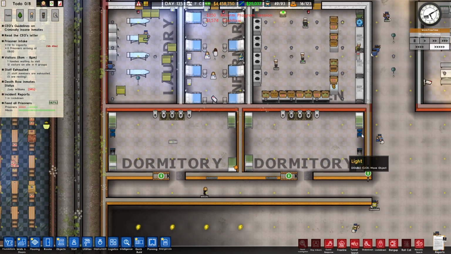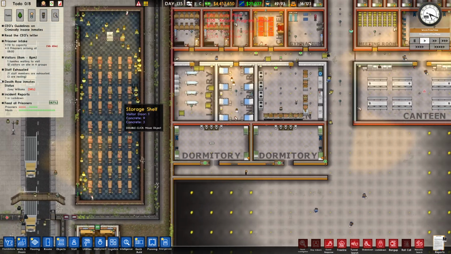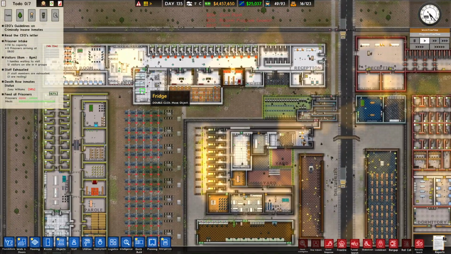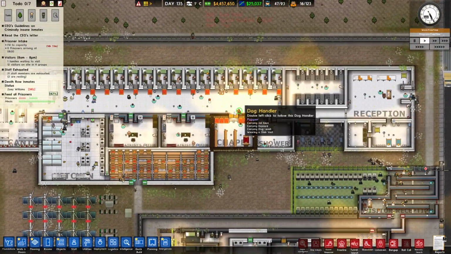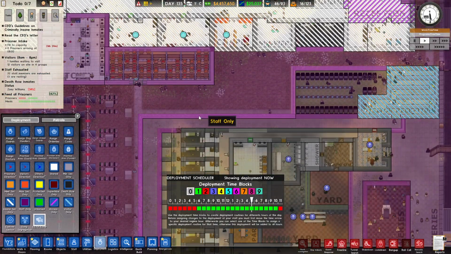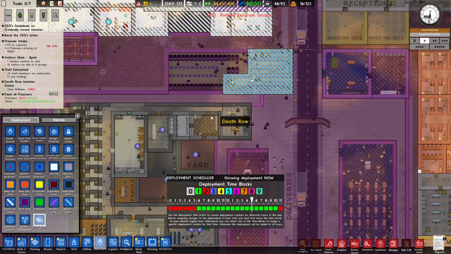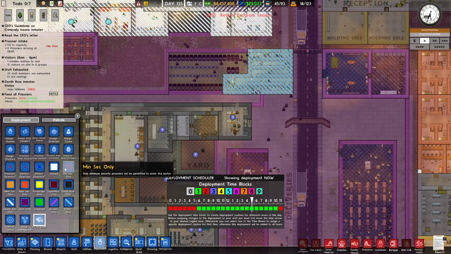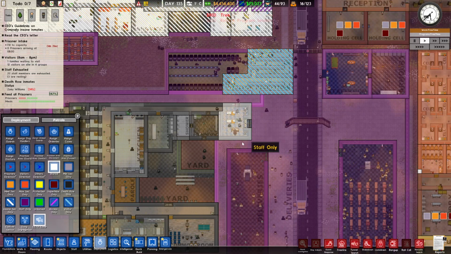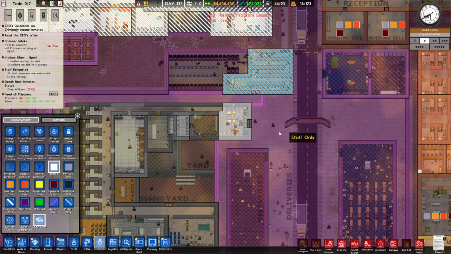Oh my word. Shall we make it, maybe they got stuck by the deployment settings. So, well, it is set to death row. I don't really want to make... Let's do that and see if they'll come over now.